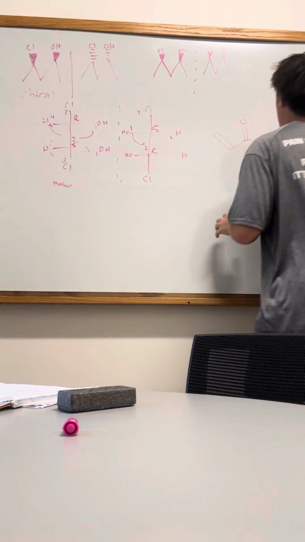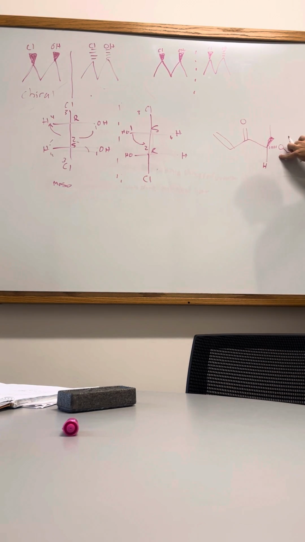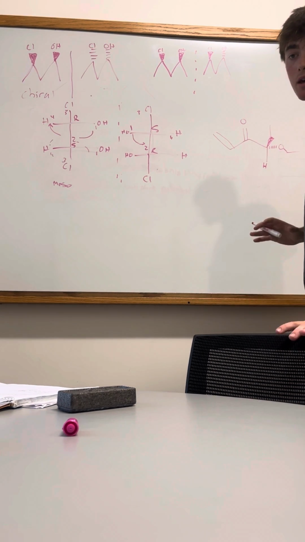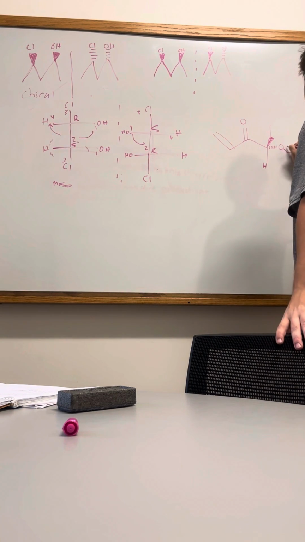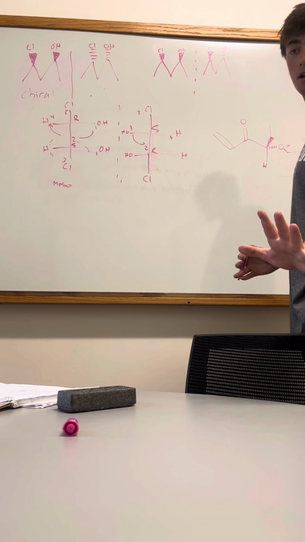But this OH group, I believe, yes. So this one right here, this OH group, is going to be higher than this one because it has to do with the amount of H's. So because this is an OH group, this one is just going to have the highest priority.